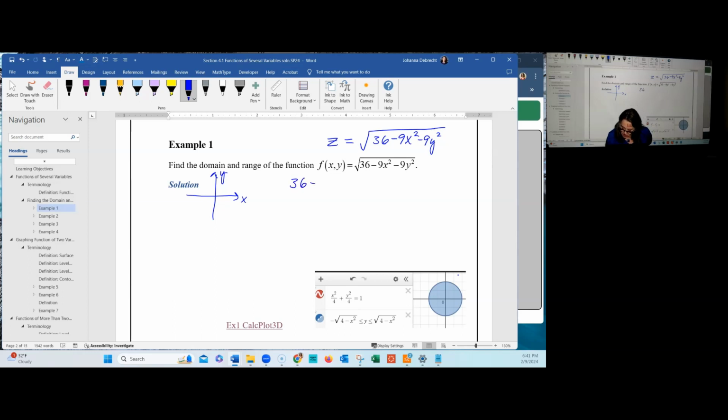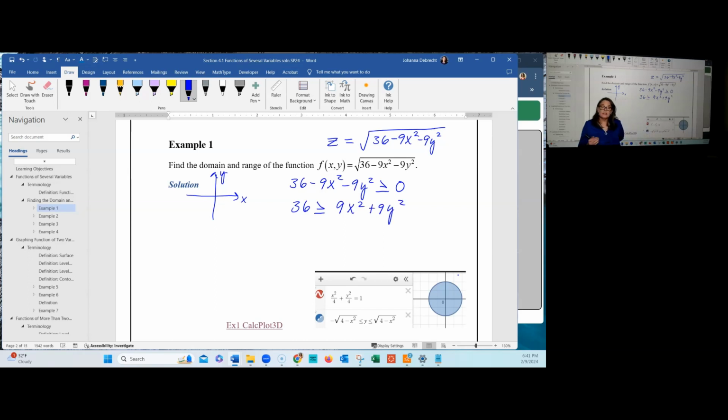I need 36 minus 9x squared minus 9y squared to be greater than or equal to 0. Now I can go ahead and move the variable terms to the opposite side, which gives me 36 is greater than or equal to 9x squared plus 9y squared.